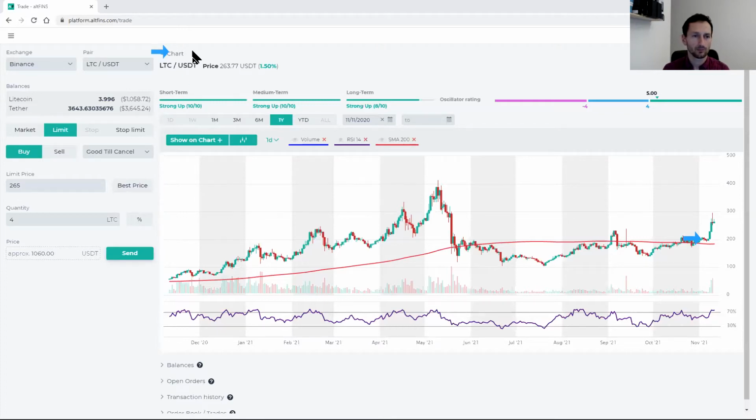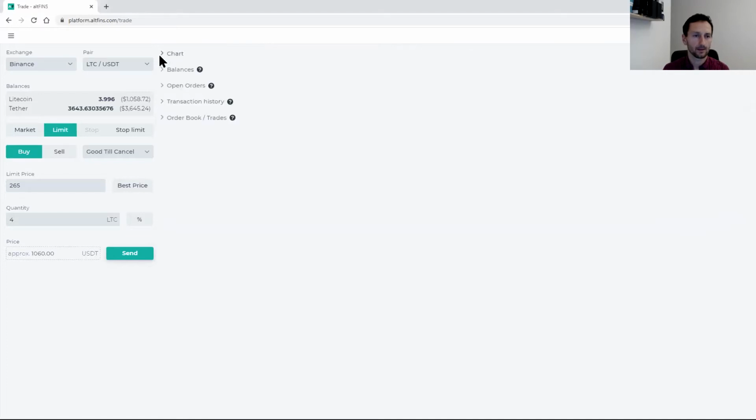Okay, so I can do that right now. But typically, again, stop loss orders, you place them below the most recent swing low, or a little bit below that, to give some room for swings and oscillations.